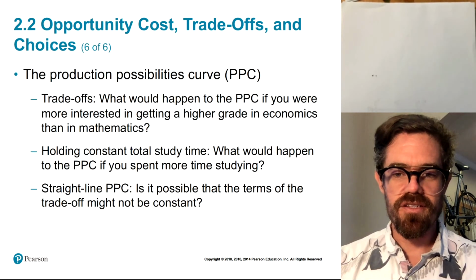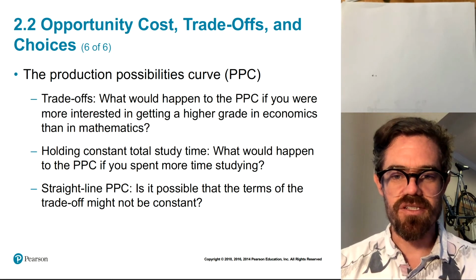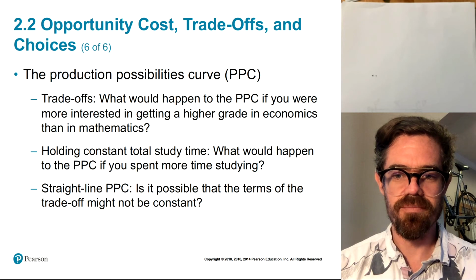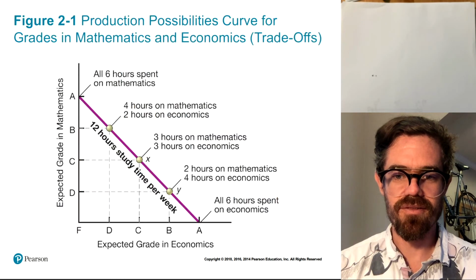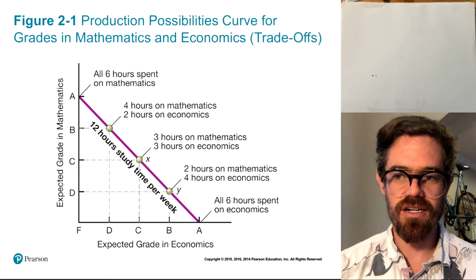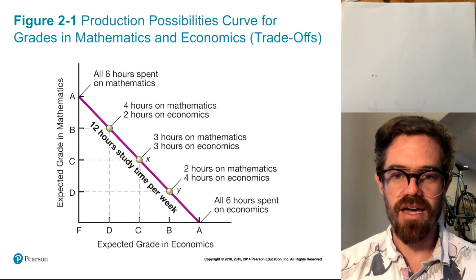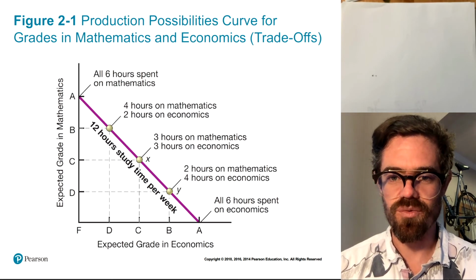All right, and then the other thing to note here is that this PPC is a straight line. So think about that. What does that mean in terms of the trade-off? Well, it basically means that the trade-off is a constant trade-off. The trade-off isn't changing, right? If you give up a letter grade in math, you get a letter grade in economics, and that's true regardless of where you start, right?